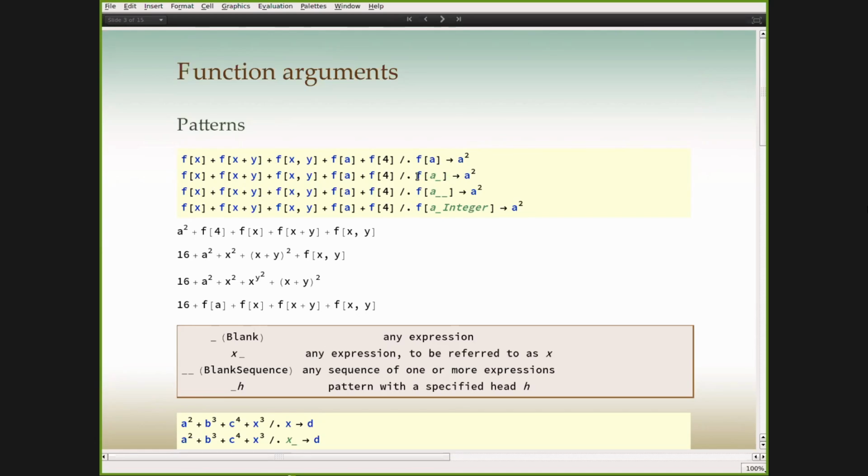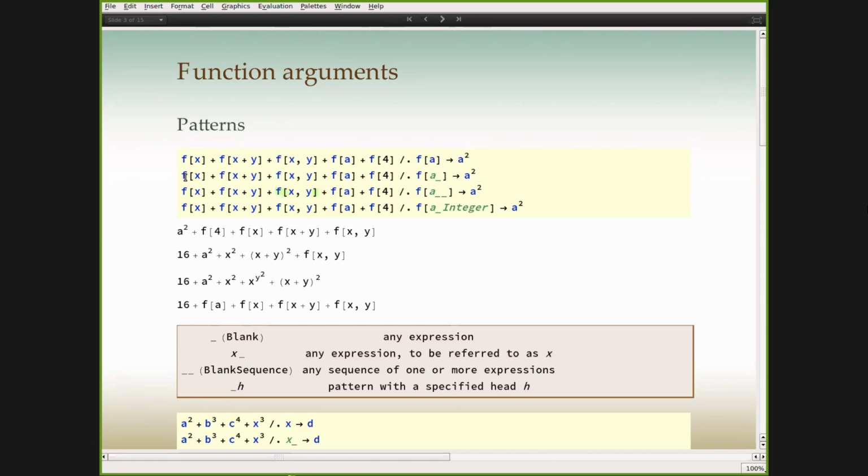So one could read that there is f which has an argument which we locally at this definition will call a, and we simply want to substitute a squared to see what will happen. And now you can see that not only f of a has changed to a squared, but also other cases, almost all of them in this case.